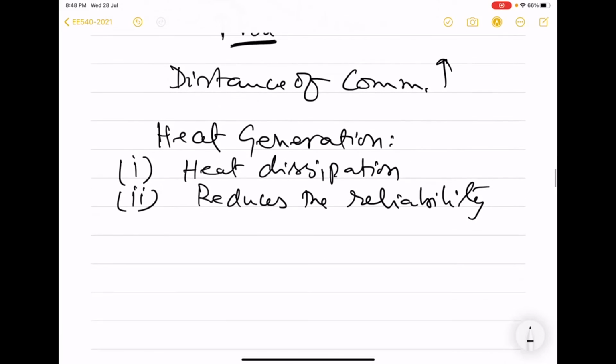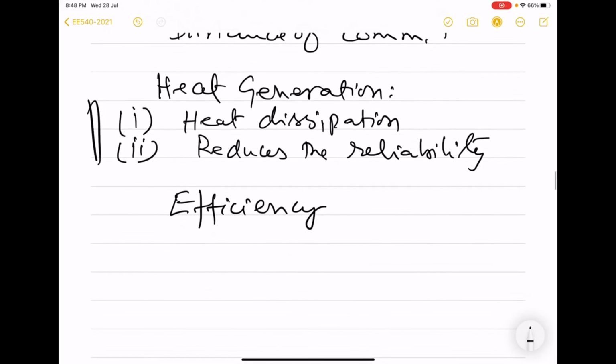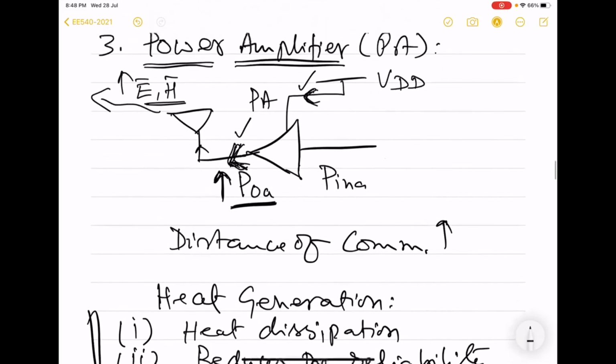That means a system with high efficiency. So we want system which has high efficiency so that these two can be eliminated. And the low efficiency system will have another disadvantage, especially for battery powered system, that battery will get discharged very quickly. So that is why we don't want low efficiency system.